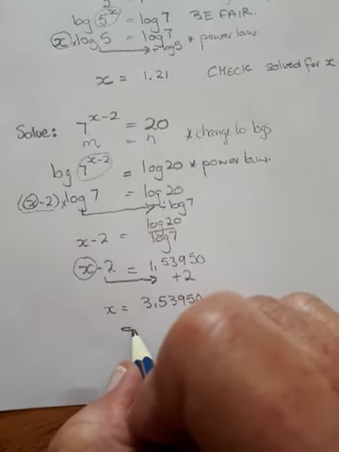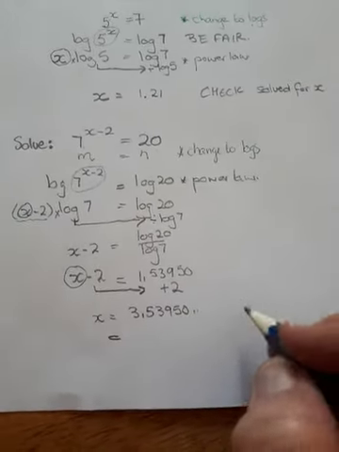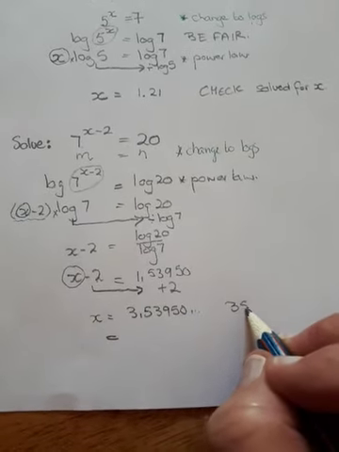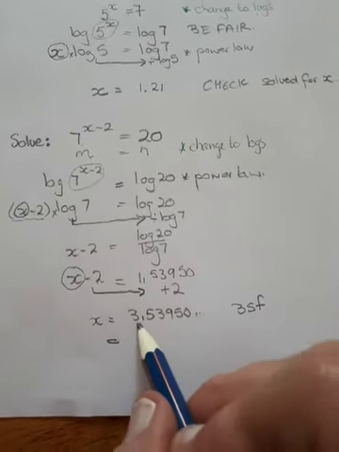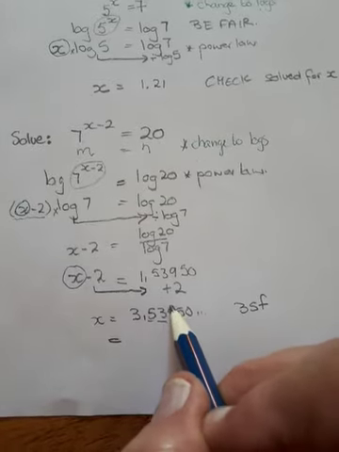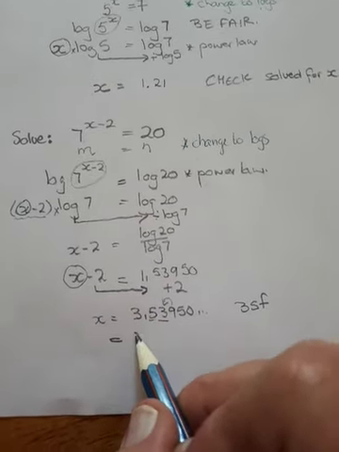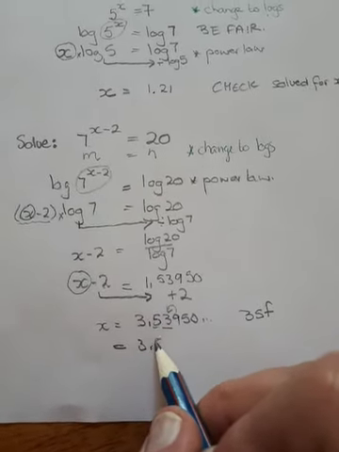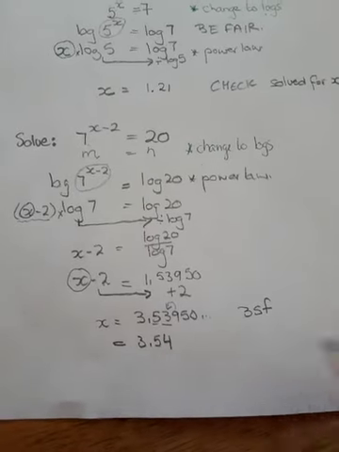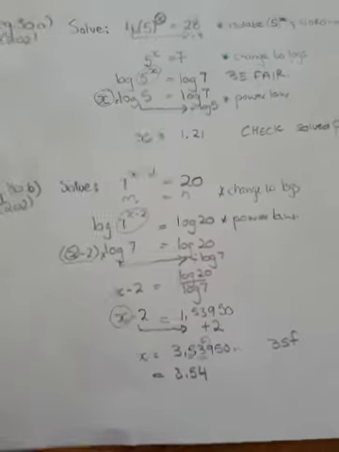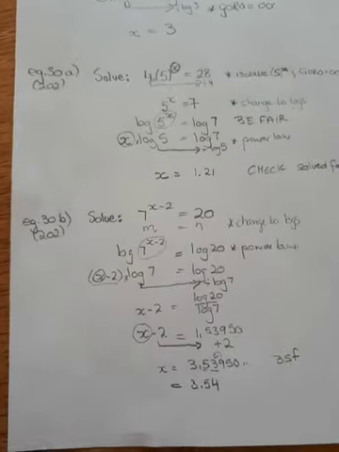And then remember, your answers must also always be 3 significant figures. So that's 1, 2, 3, meaning we must round that one. This becomes 3.54.